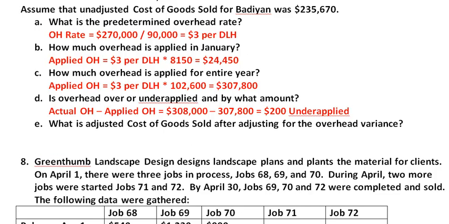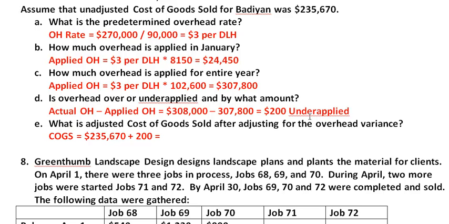Whenever the overhead is over or under applied, to adjust for that, we fix it at the end of the year through cost of goods sold. So if your cost of goods sold before the adjustment is $235,670 and your overhead is under applied, then you need to add that to cost of goods sold.